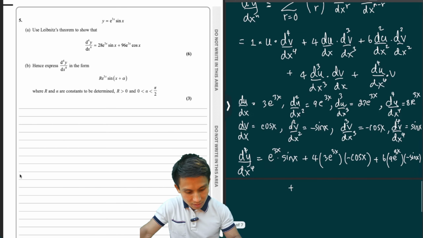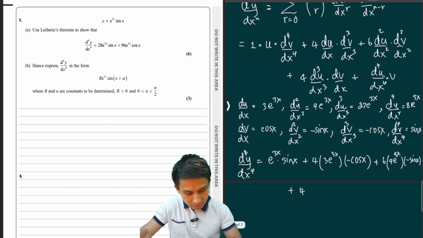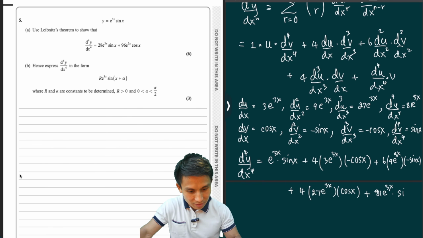And then the next term, 4 times d cubed u by dx cubed, and dv by dx is cos x. And the last term, d to the 4u by dx to the 4, is 81e to the 3x. v is just sine x, right?